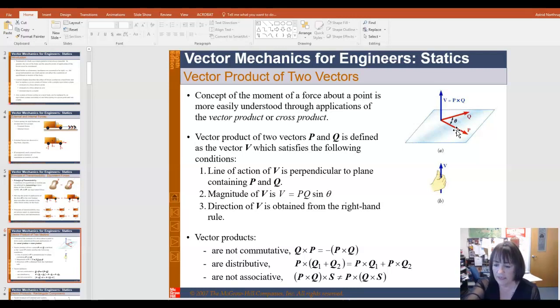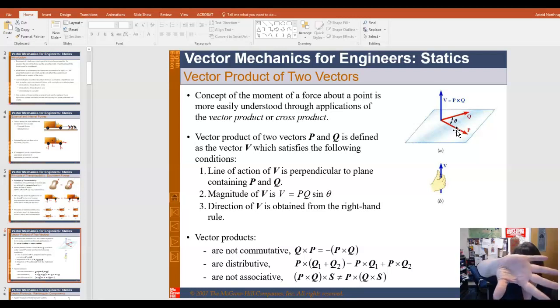So you take your right hand, it's going to be backward because of this, but you form it into a V. You take P, fold it into Q, and the direction of V, if it's up in this case, would be positive.